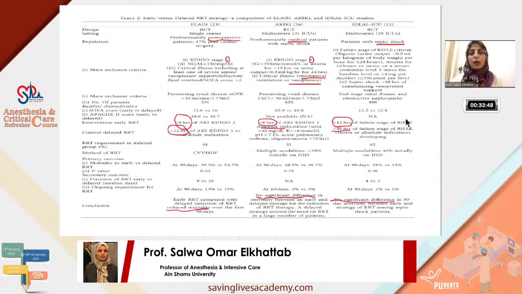These are some of the most common indications. When we search the literature, there are hundreds of studies about the time of initiation of RRT.